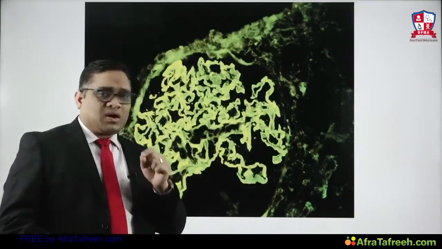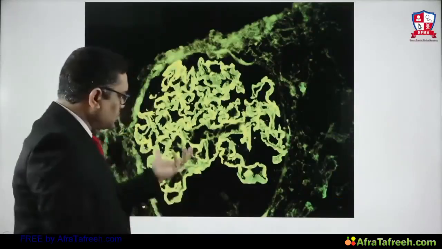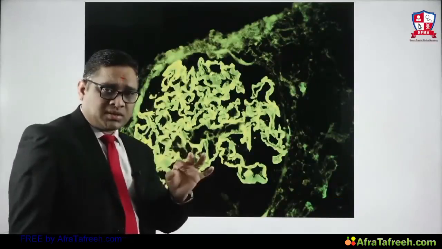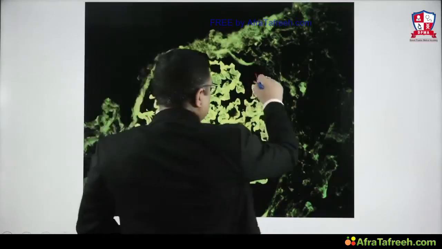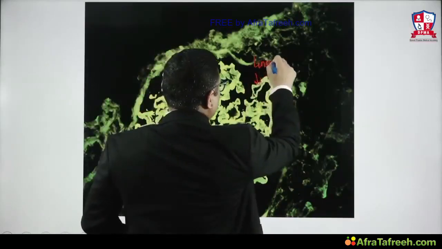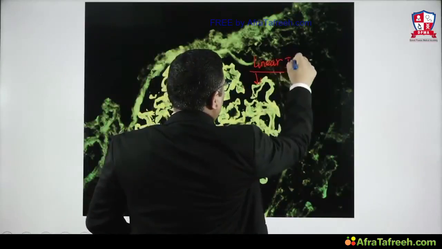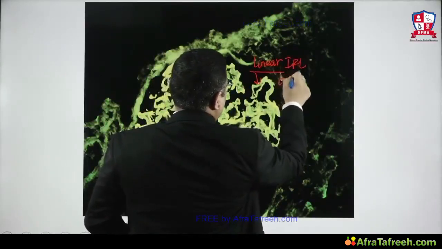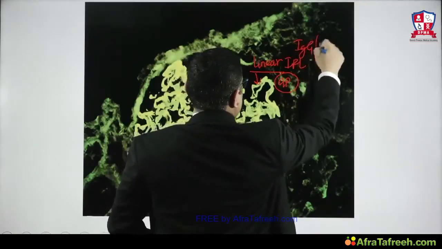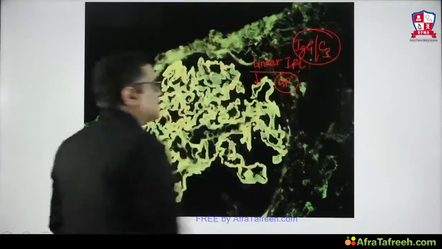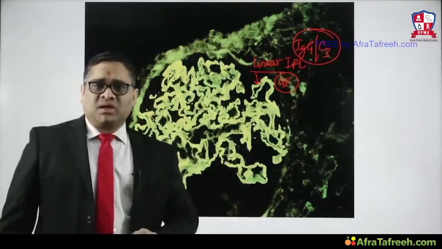Linear or immune complex? See, homogeneous, linear, no granularity. This is the homogeneous and linear pattern of immunofluorescence seen in Goodpasture syndrome, which consists of IgG and C3 complement. That was the question in a previous year PGI exam also, right?